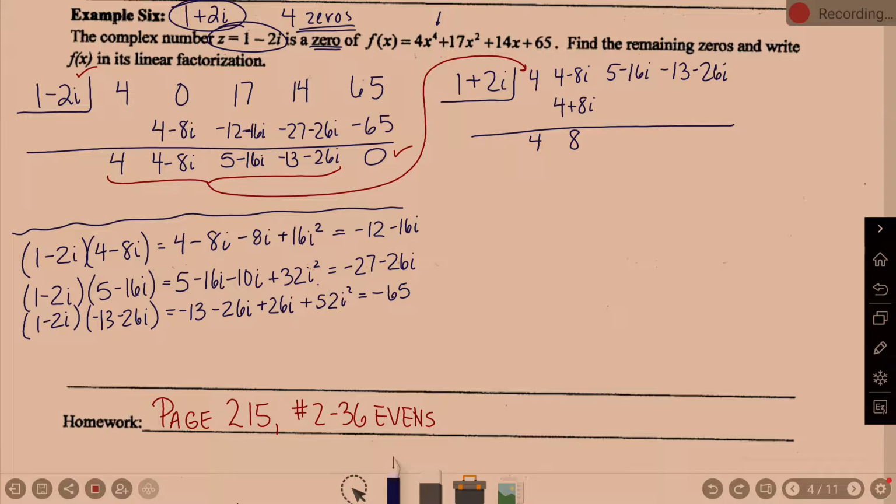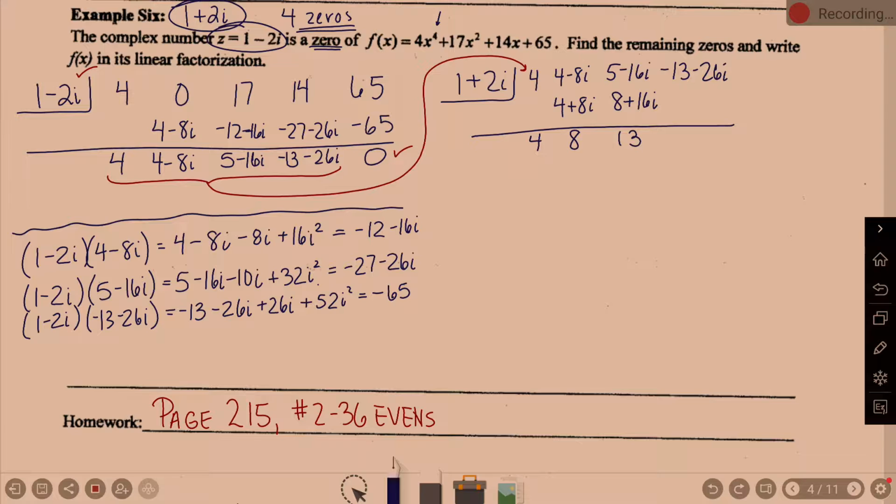So now again we're going to multiply. What's 8 times 1 plus 2i? Distribute there, and we have 8 plus 16i. Because 8 times 1 is 8. 8 times 2i is 16i. Then we're going to add. 5 plus 8 is 13.